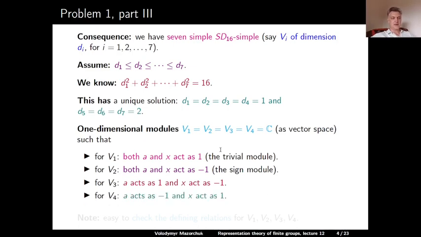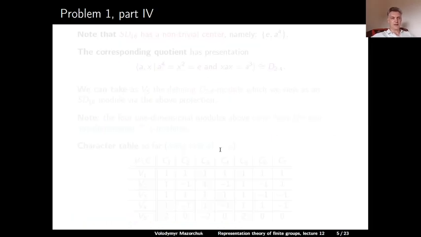And finally, as the fourth module, we take the one where A acts as -1 and X acts as 1. So in all these cases, by checking the defining relations, we convince ourselves that these 4 different structures really give us modules over our group. So we know everything about the one-dimensional modules. Now we need to think about how to construct two-dimensional modules.